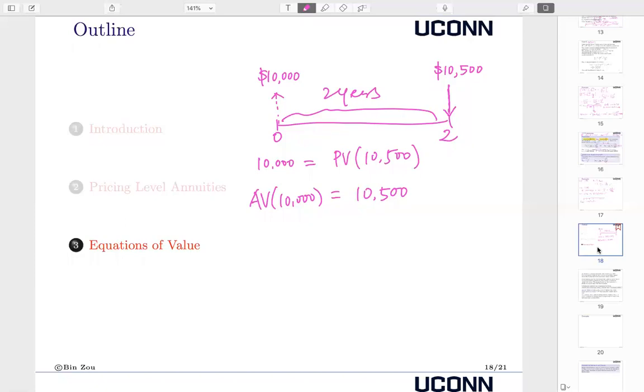At the end of 2 years, you need to pay me $10,500. So that's cash outflow. So the present value of inflow equals the present value of outflow, or the accumulated value of inflow equals the accumulated value of outflow. So you just need to make sure it is converted to the same time point.